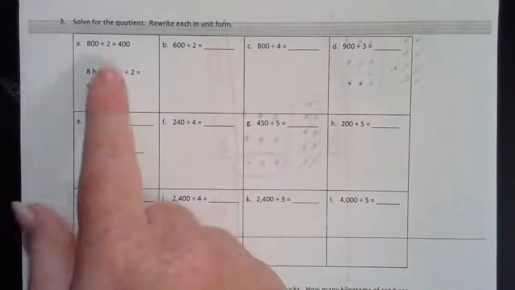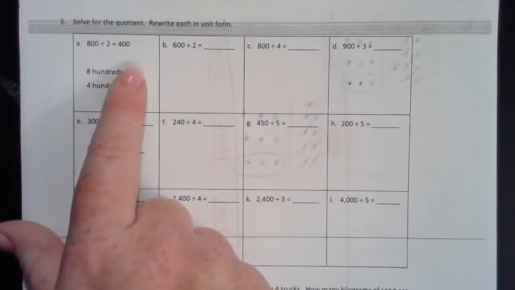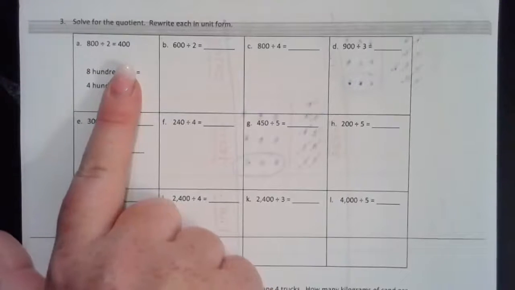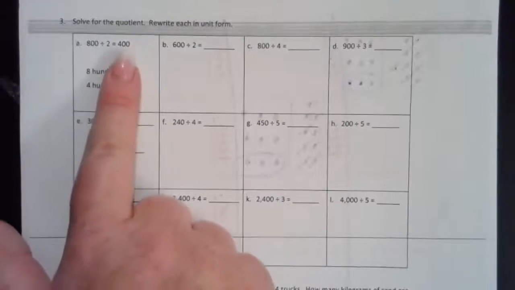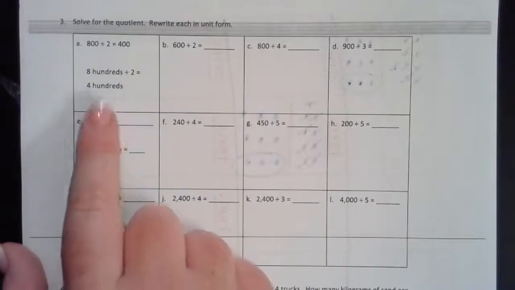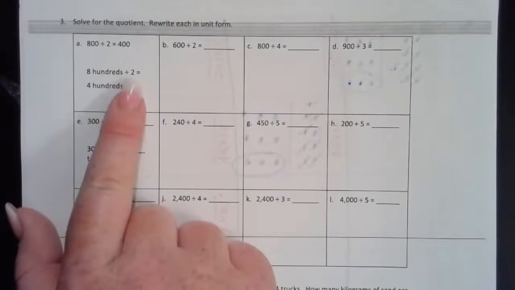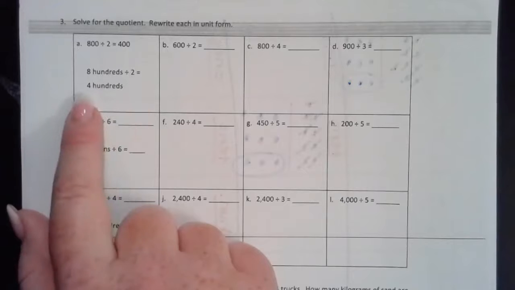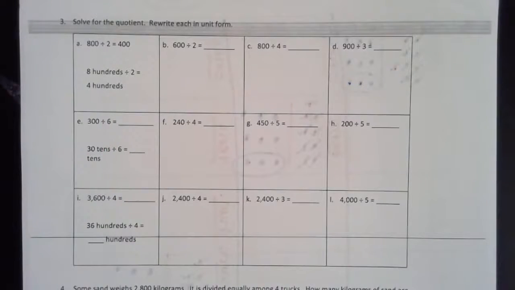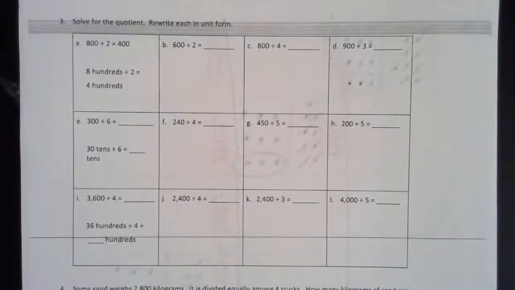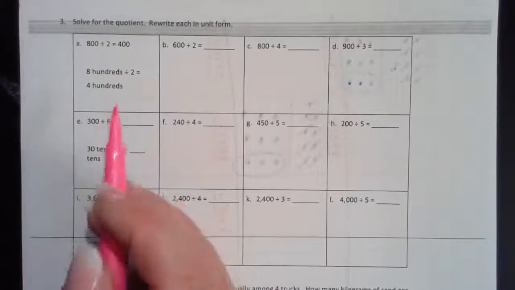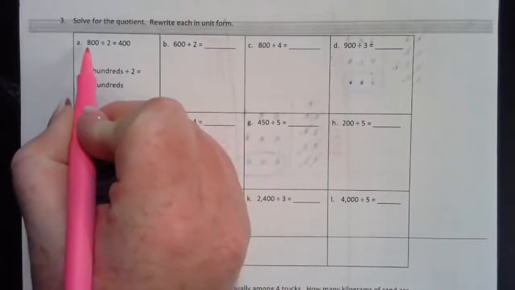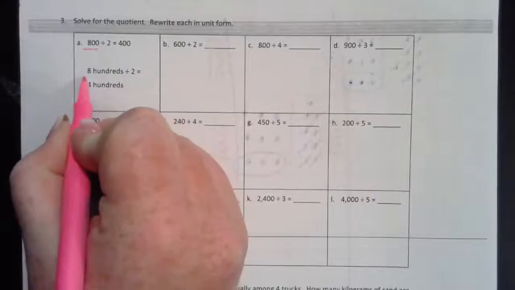3, part A. We have 800 divided by 2. It went ahead and gave you the whole example, equals 400. So it said 8 hundredths divided by 2 equals 4 hundredths. Hopefully you're able to now see that those 8 hundredths come from 800, so these match.